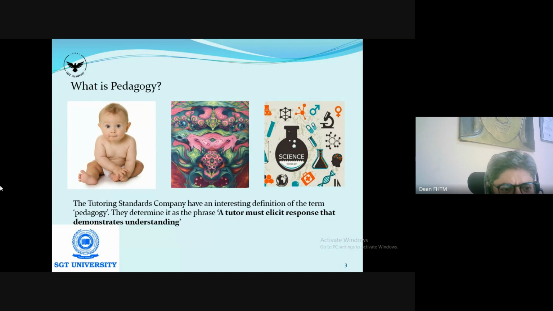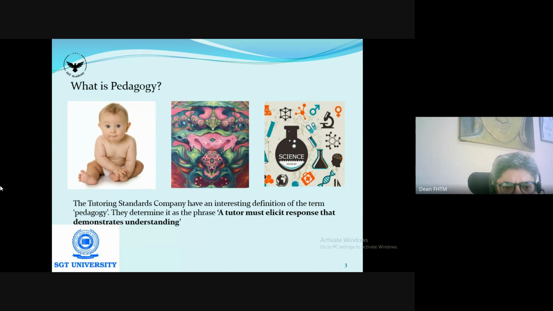Now you can see there is another interesting line or sentence at the bottom of the slide. There is a company called the Tutoring Standards Company, which determines that a tutor must elicit response that demonstrates understanding.